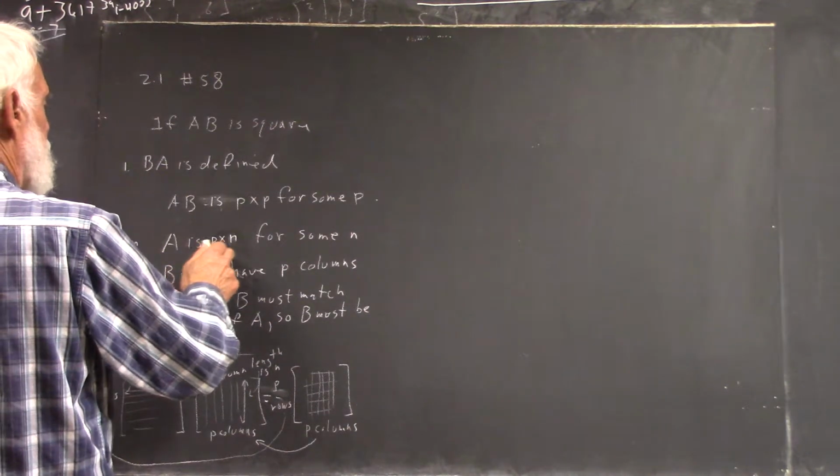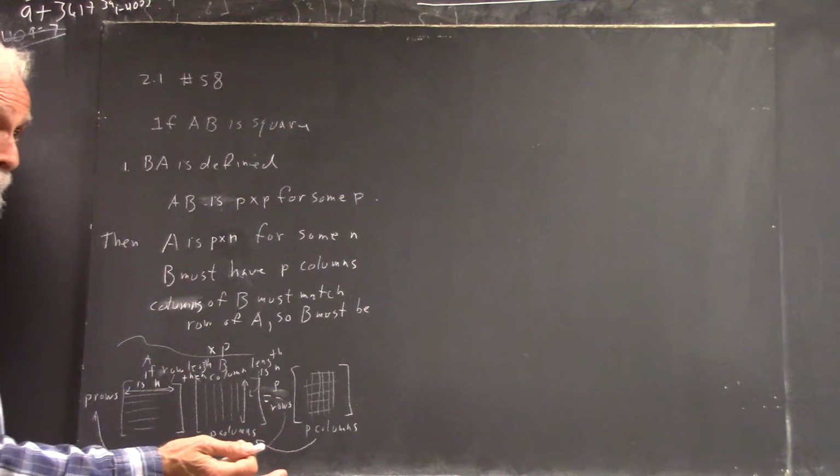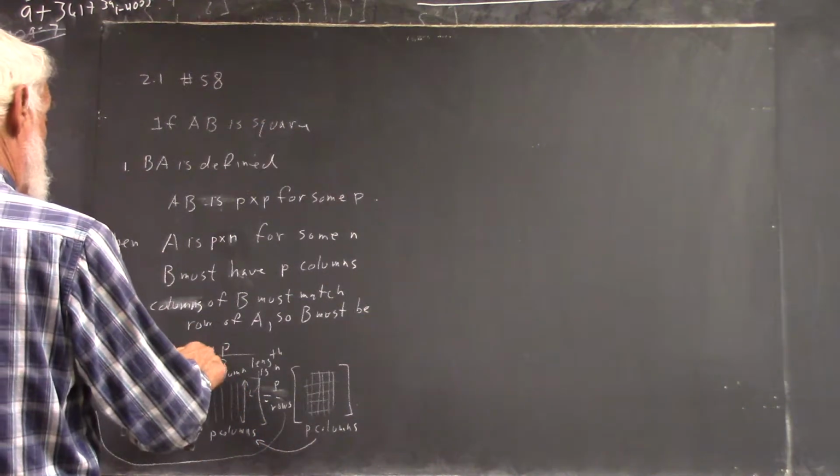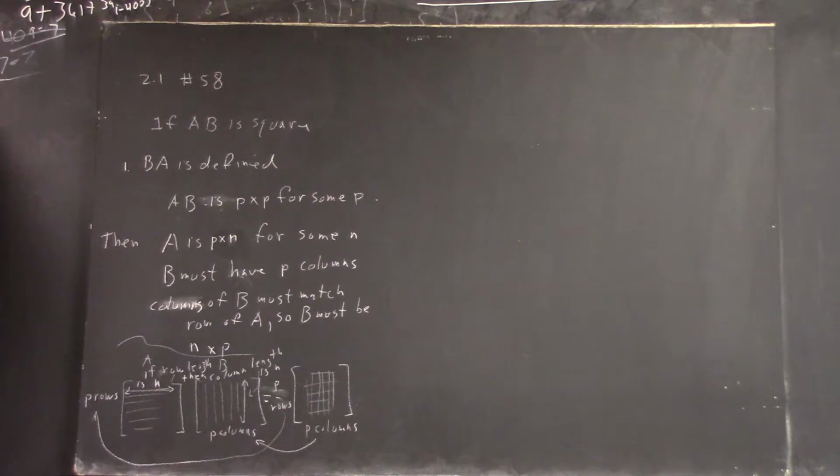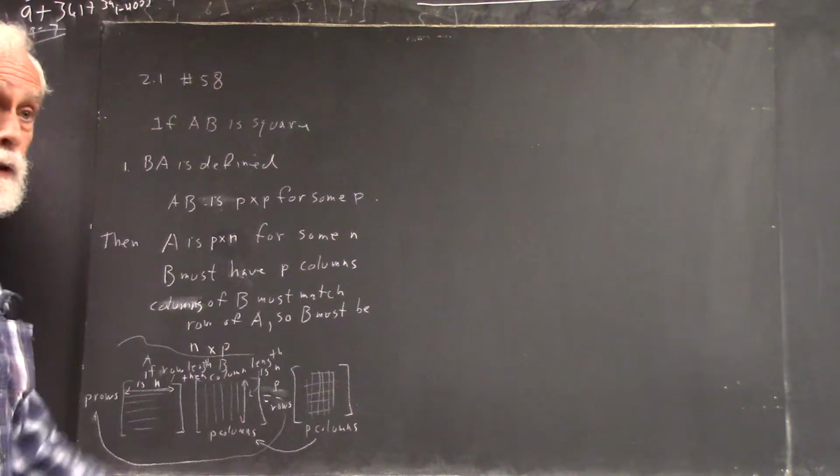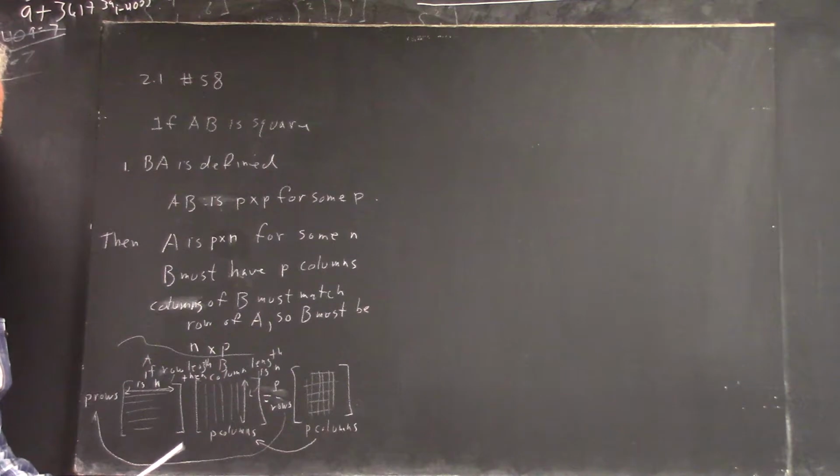Well, if A is P by n, which means the row length is n, then B must be n by P, right? Where n can be any number. You can have any row length. But you gotta have P rows here, you gotta have P columns here. Okay?